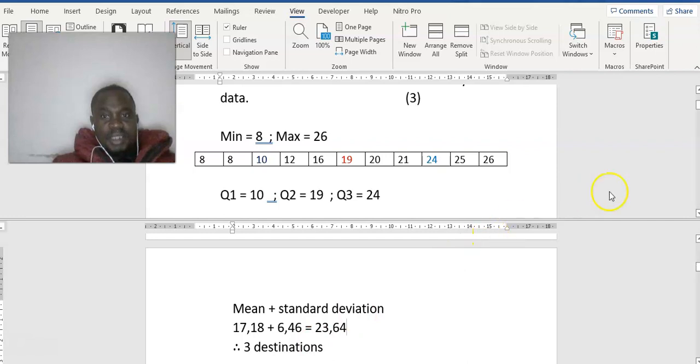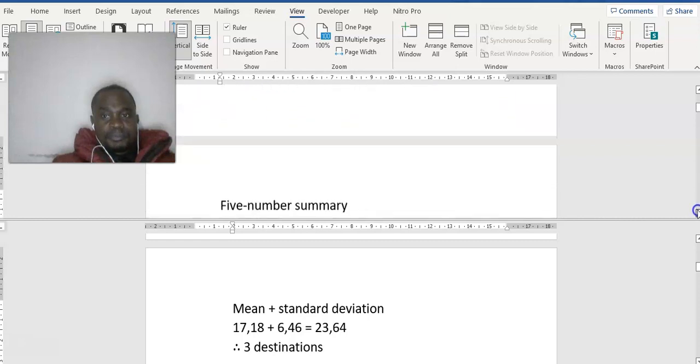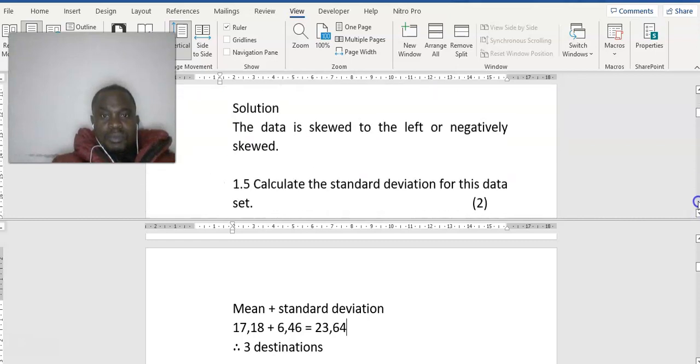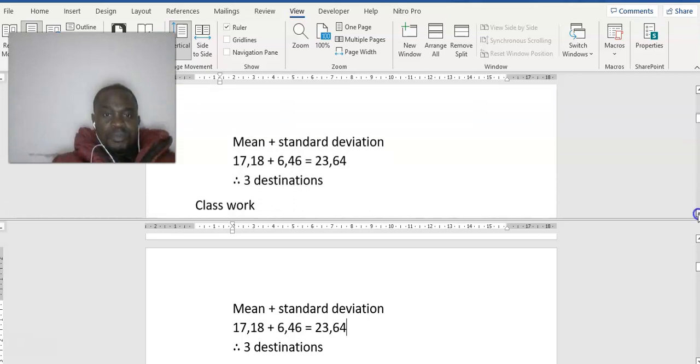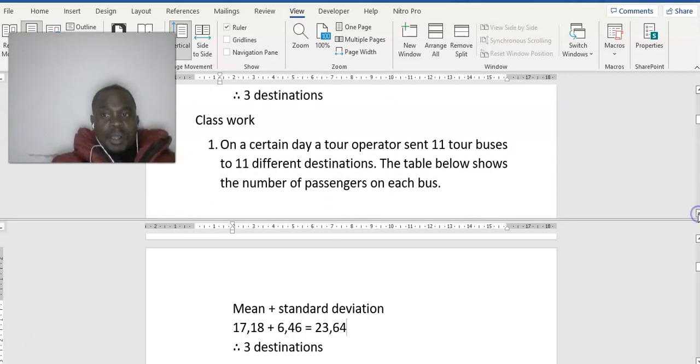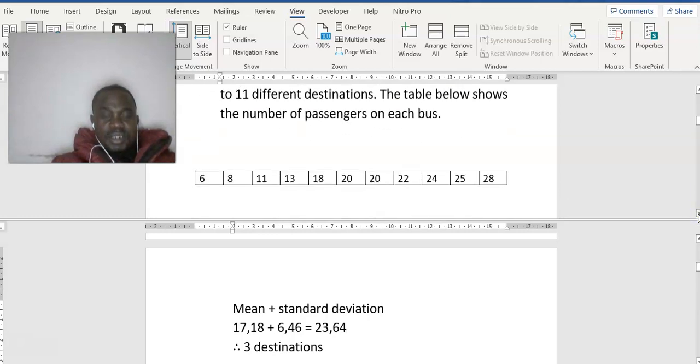All right. Now our next question is this one. That is your classwork, so you are going to do this one for me. Copy this, continuation like that. You pause the video and copy these ones.